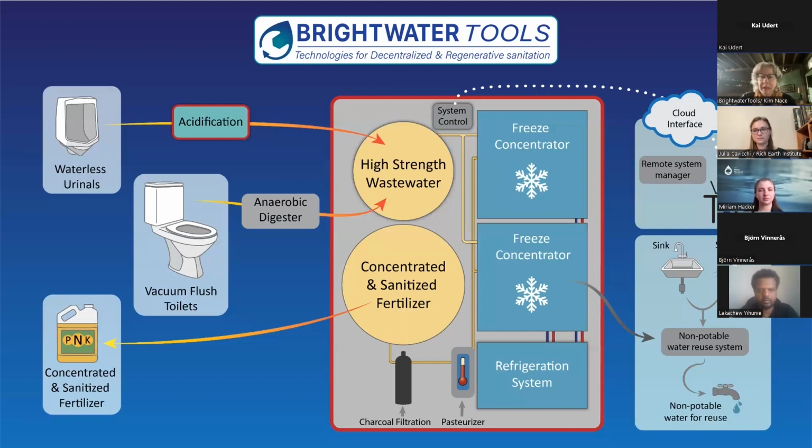We already have a pasteurizer, which you can see down at the bottom there. We do pasteurize the urine as is required by our permits in Vermont, and we pasteurize it for our local use to create what's called a Class A certified fertilizer product.